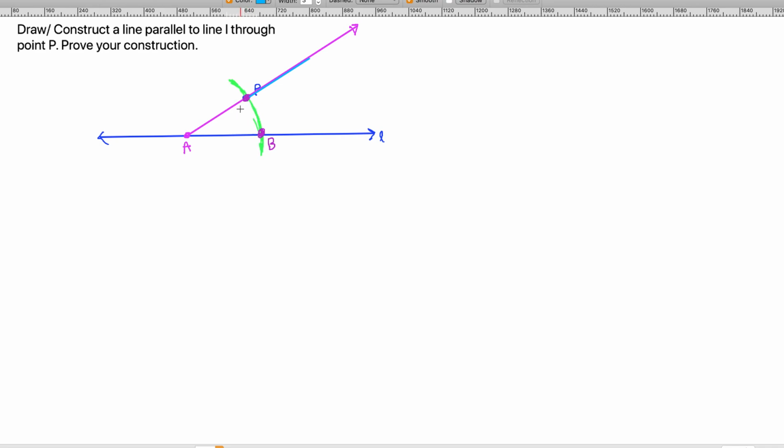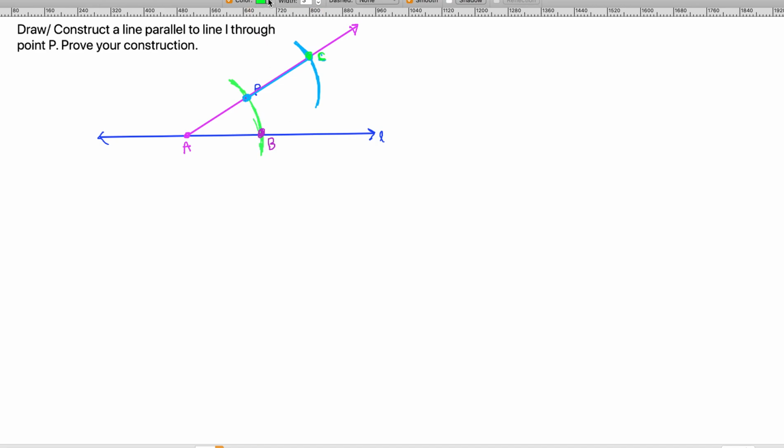Keep your compass open that same amount, but move the center to P now, and draw this blue arc. You can call this point C right here. Let's make C a little bit more visible and say this is point C.